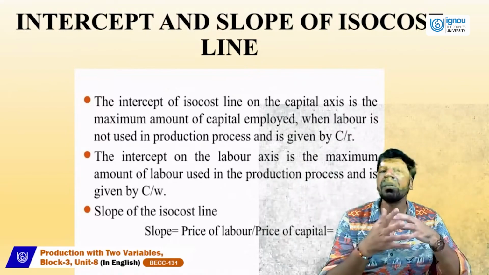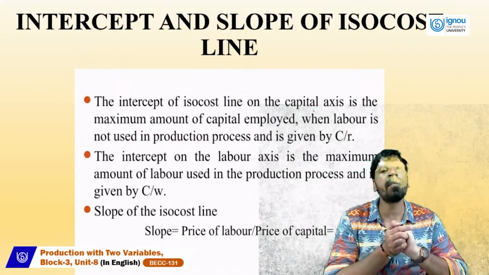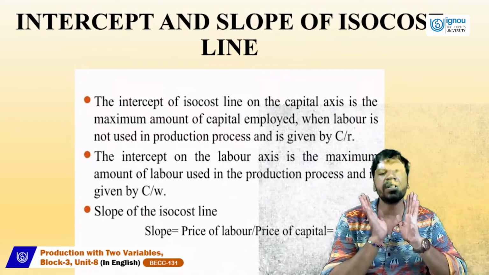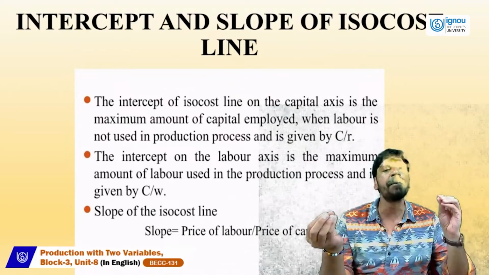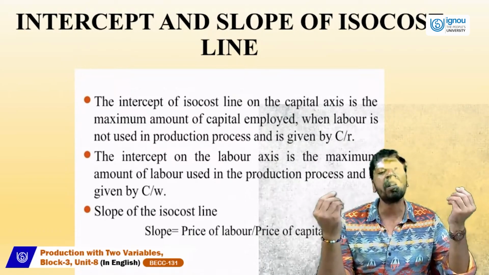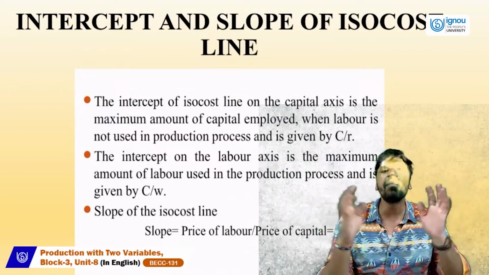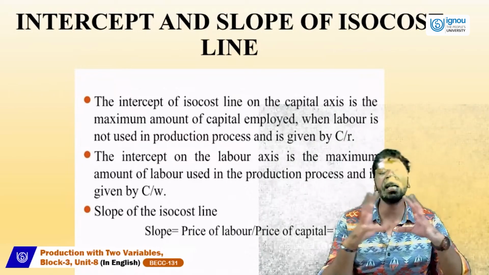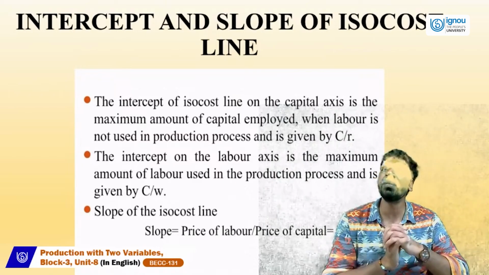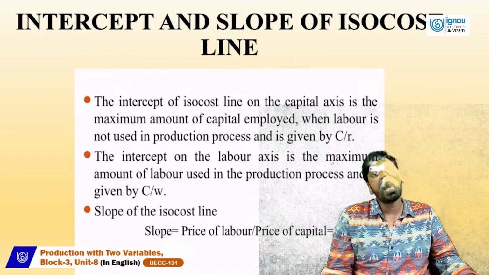But the intercept on the labor axis is the maximum amount of labor used in the production process, when there is no role of capital, or capital is not being used in the production process. It's given by C/W. So this is the exact meaning of the intercept of the isocost line in respect of capital and labor.